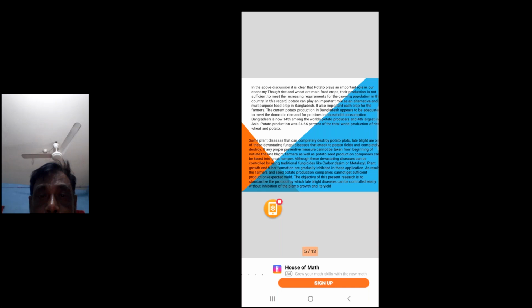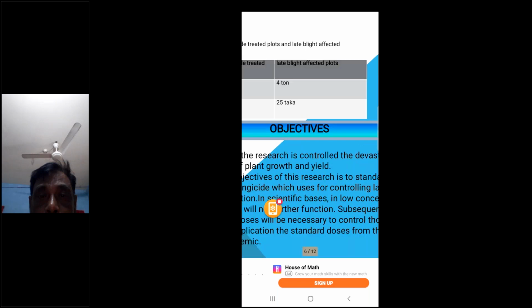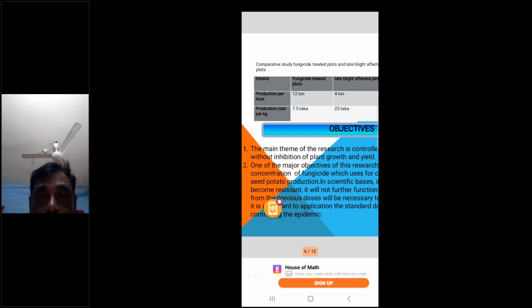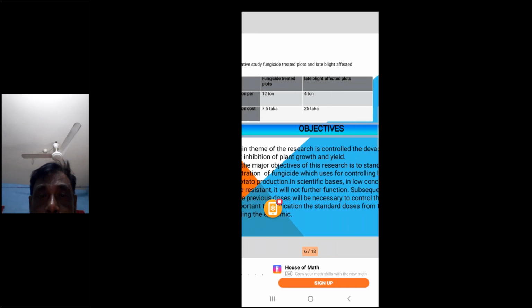The objective of this research is to standardize the protocol by which late blight disease can be controlled easily without inhibition of plant growth and yield. Here is the data from comparative studies of fungicide-treated plots and late blight affected plots.